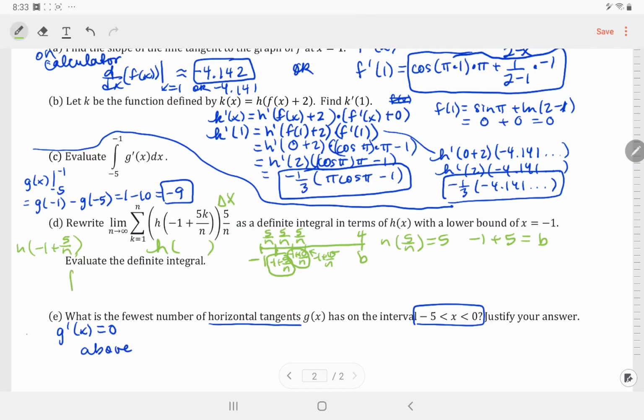So this would be the integral from, look at my number line, negative 1 to 4, because the whole width is 5. And it would be h of x, because those are my different x values I'm substituting in. The delta x is the dx, so that 5 over n I don't put in, since the 5 over n is in here, so that is delta x.